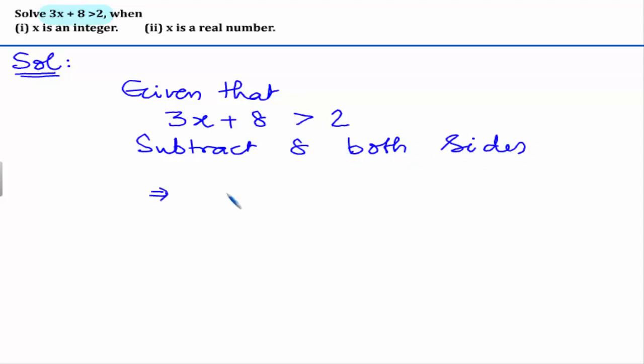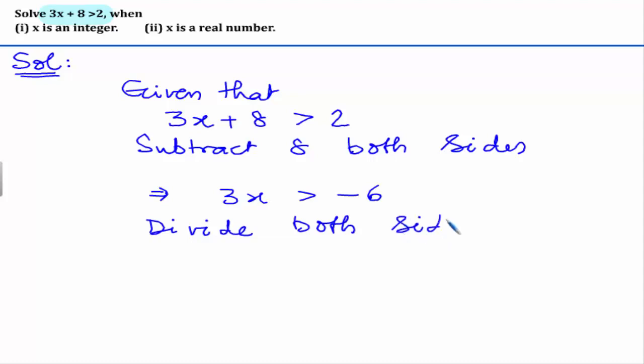We get 3x > 2 - 8 is -6. And now let us divide both sides by 3. And we get x > -2.